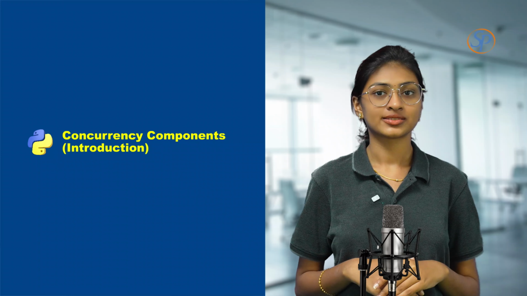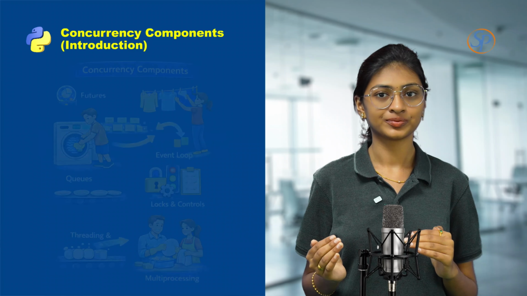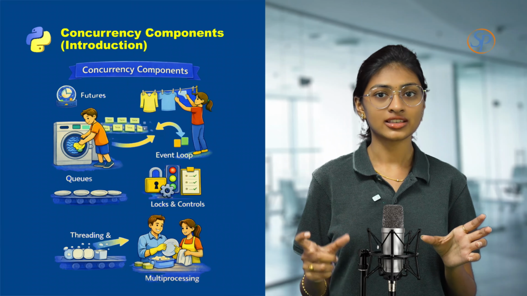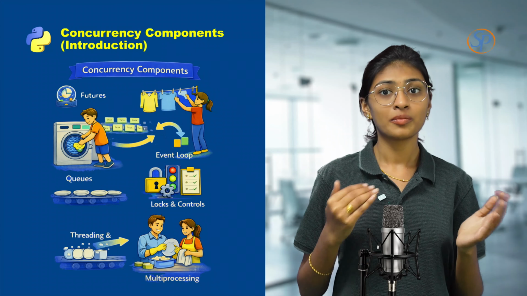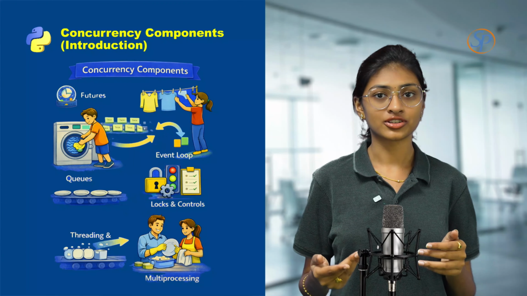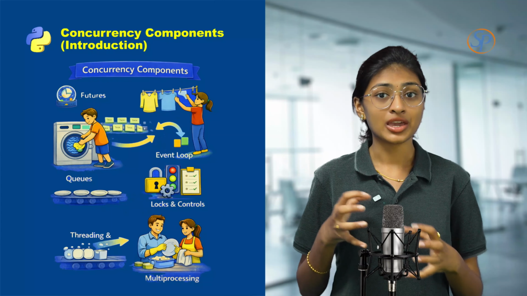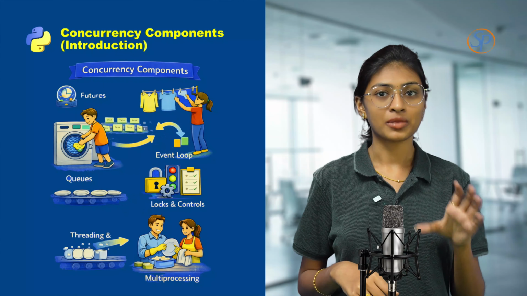Concurrency components. This video ends by setting the stage for concurrency concepts: futures, executors, event loops, queues, producer-consumer, locks, semaphores, conditions. These concepts become important as you transition to threading, multiprocessing, and async programming.